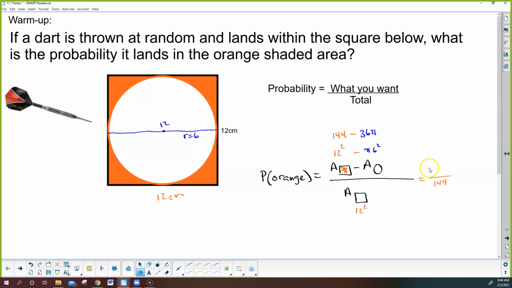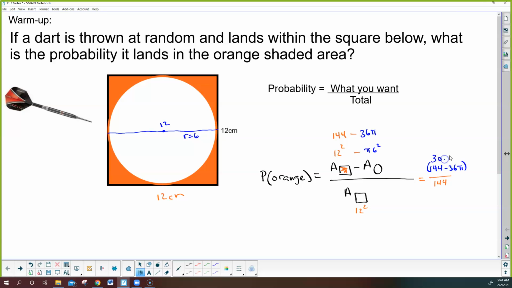Now, there's a couple of ways to do this. With probability, I'm not super concerned about reducing the fractions, right? Especially if pi is in the answer, I don't really care about the exact answer here because that doesn't tell me a lot about probability. So I'm going to use the pi button and figure out what 144 minus 36 pi is.